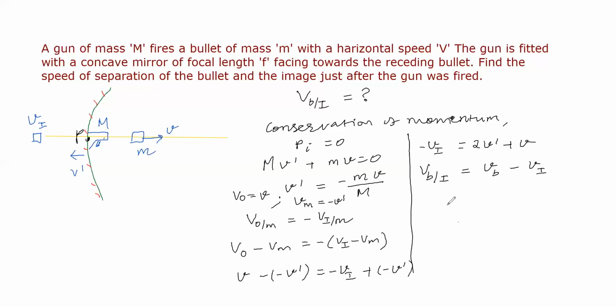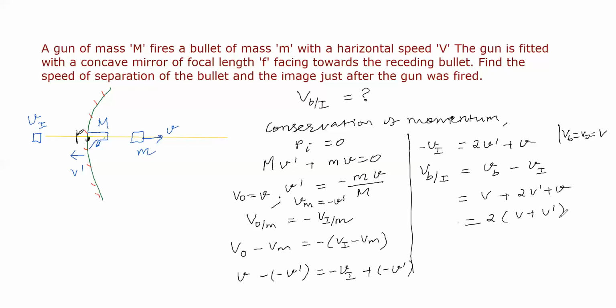So the velocity of the bullet is v, minus velocity of the image, which is twice v dash plus v. So here these 2 v dash we take common, and we get 2 times v plus v dash.